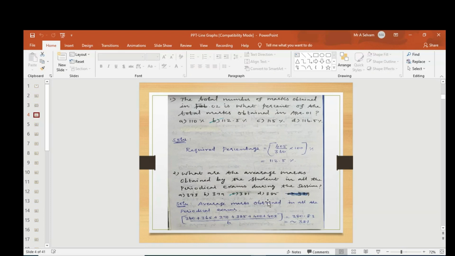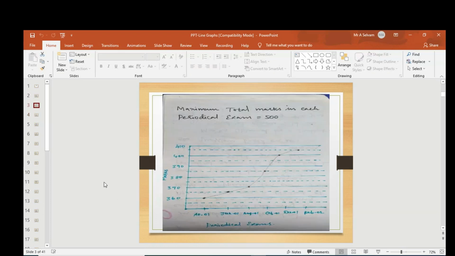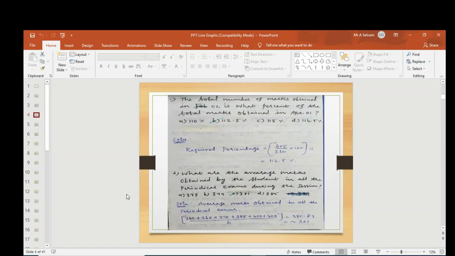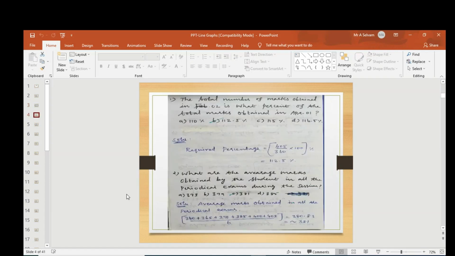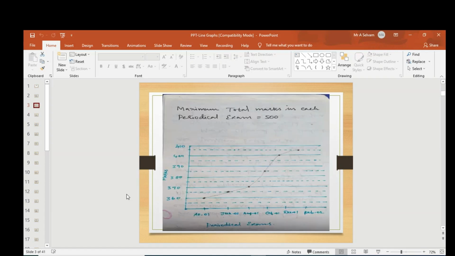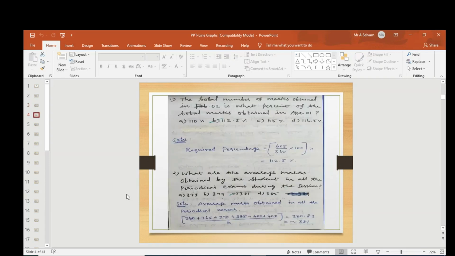So we have to take the average of all the marks: 360 plus 365, then 370, then October 2001 is 385, then December 2001 mark is 400, finally February 2002 mark is 405.